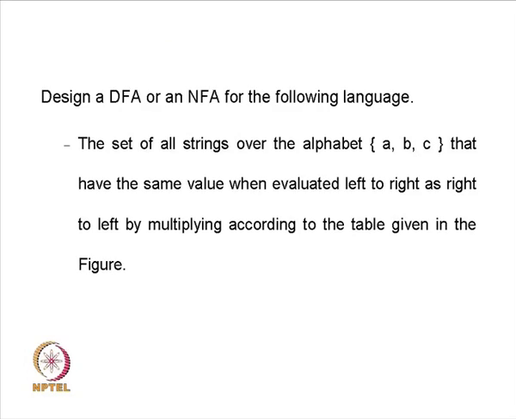So, going to the next problem: give a deterministic or non-deterministic finite automaton for the following language. The set of all strings over the alphabet A, B, C that have the same value when evaluated from left to right and right to left by multiplying according to the following non-associative table. What is the table?